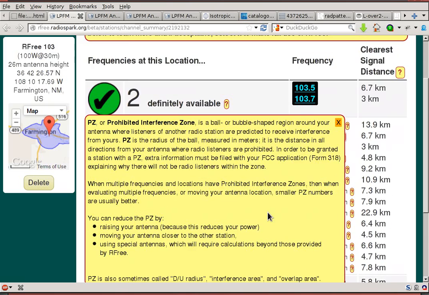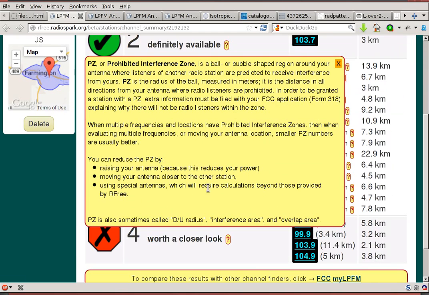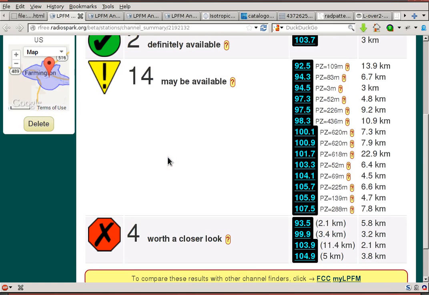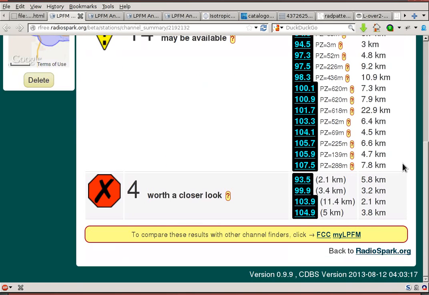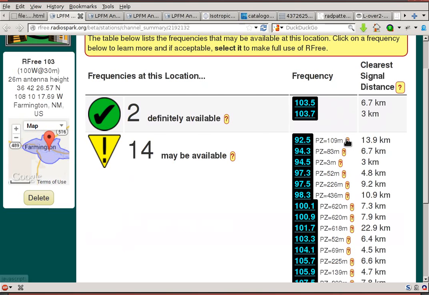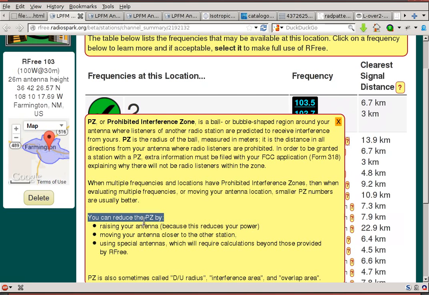I want to actually point out some bits in the pop-up, this part in particular. You can reduce your prohibited zone by raising your antenna. This is because when you raise your antenna, you have to reduce your power.